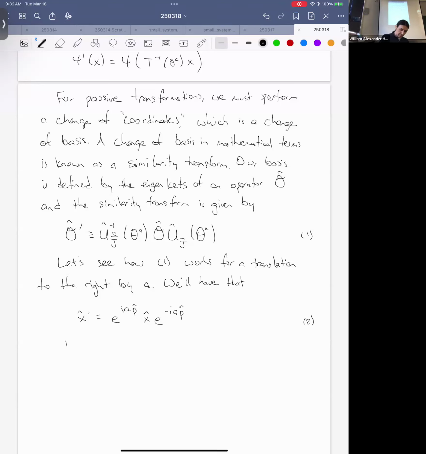So to evaluate two, we will be aided by a form of the Baker-Campbell-Hausdorff lemma, which I imagine you have not heard of before.